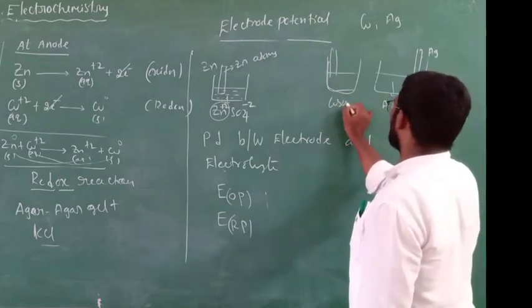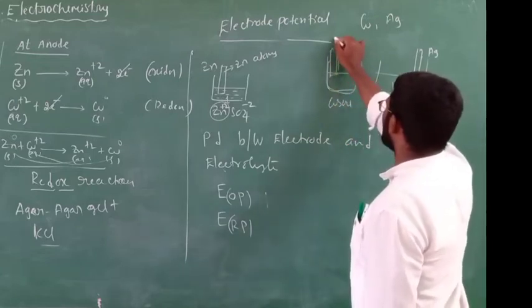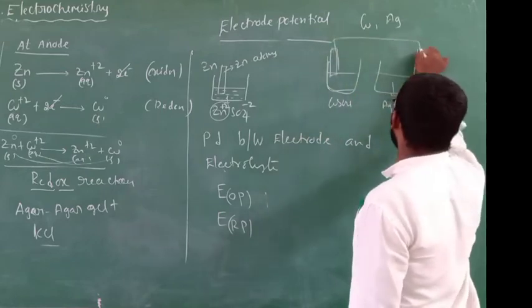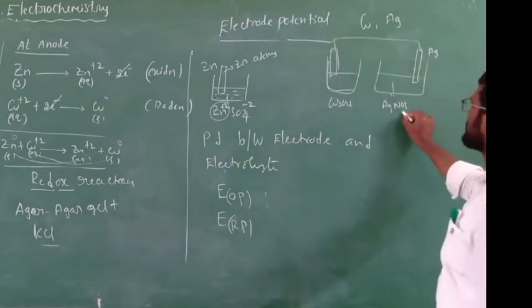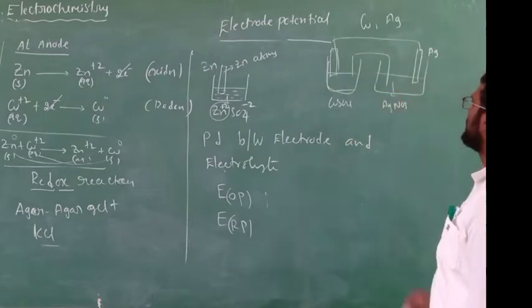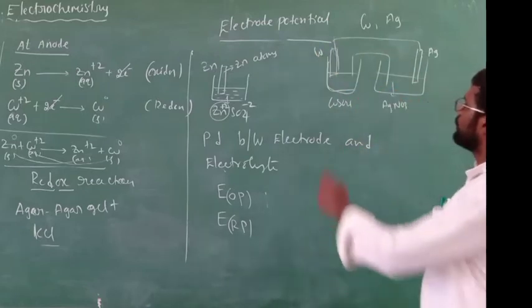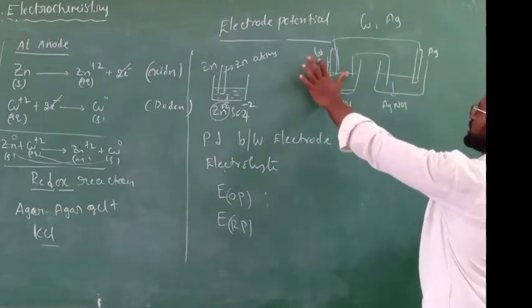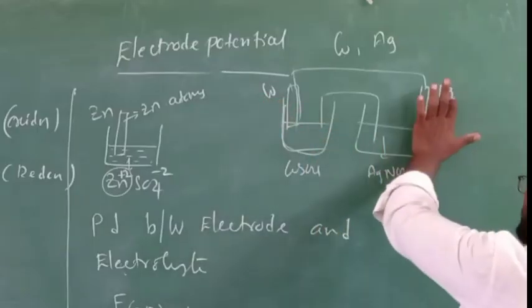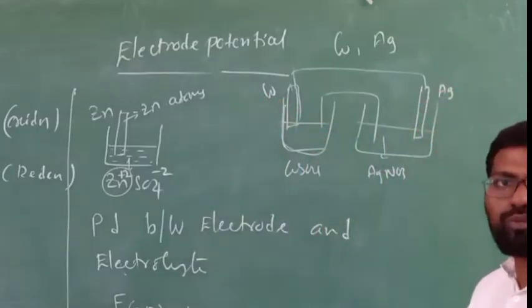This is CuSO4 solution. This is a copper rod placed in copper sulfate solution. A silver rod is placed in silver nitrate solution. Both are connected. This is the salt bridge. Now, if you observe here, I have written copper on the anodic side, whereas silver on the cathodic side. What is the reason?